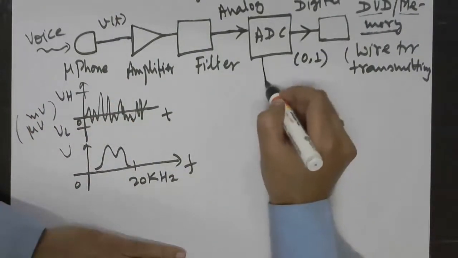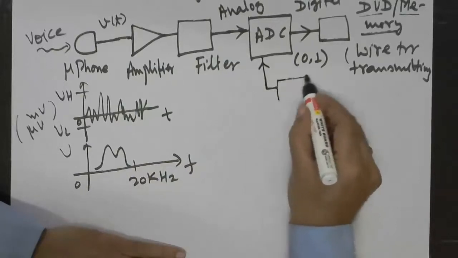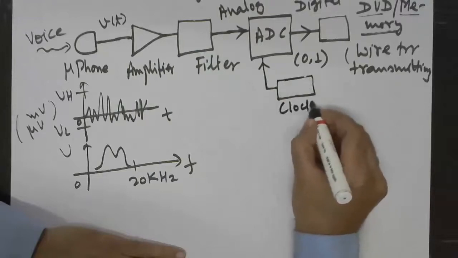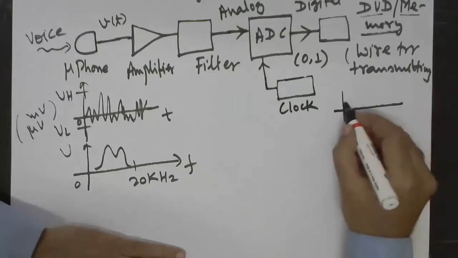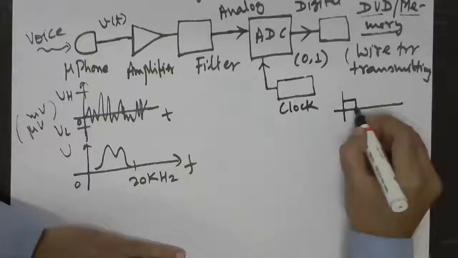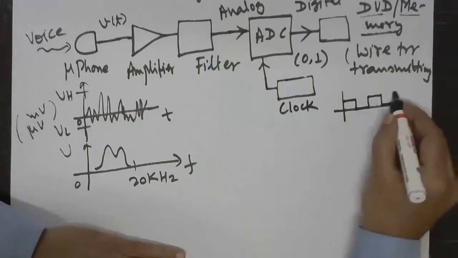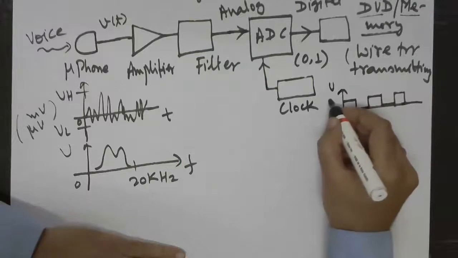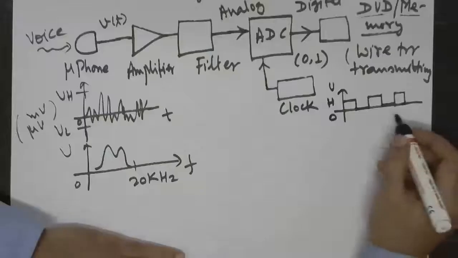And this circuit will always take another signal which is called clock. And this clock is basically going to be a digital signal, a periodic digital signal between two values, which could be between 0 and some high value, or 0 and 1 symbolically.